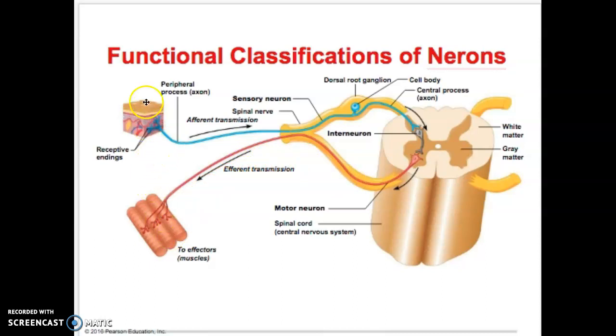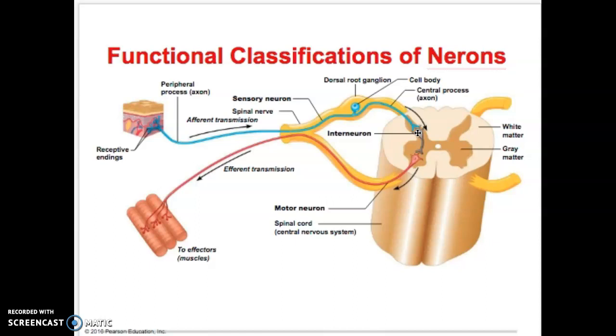So say you stepped on a nail. You step on a nail, that signal is going to come up, get processed by the interneuron, and the interneuron is like, this is a really serious thing. I'm going to tell the muscle to contract right away. If instead you stepped on a pebble or something like that, that information might go to your brain so you can process it a little bit more.